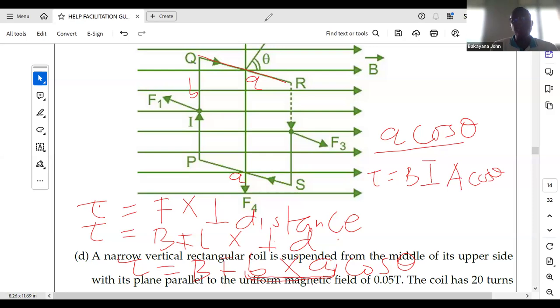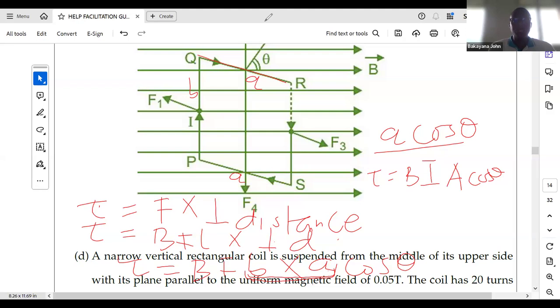So the cos theta depends on whether the angle is between the field and the normal, or between the magnetic field and the coil, or between the normal to the coil and the field.